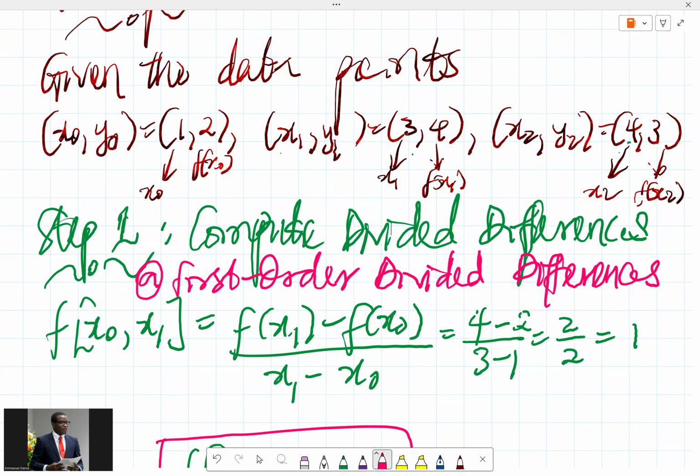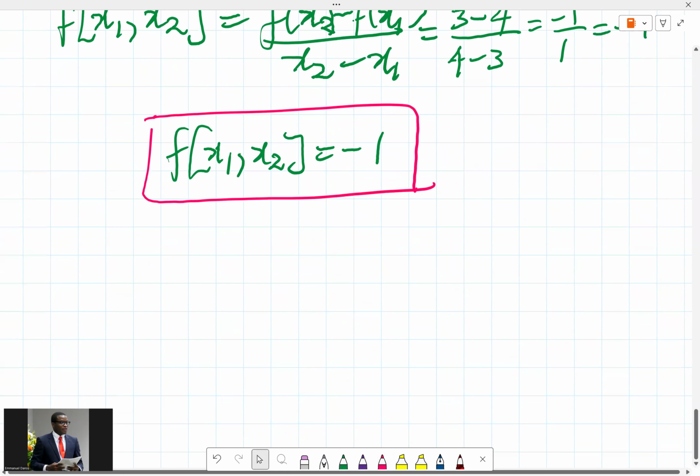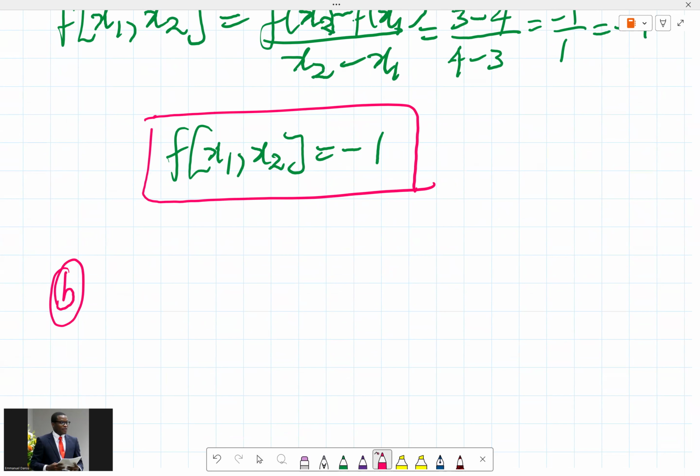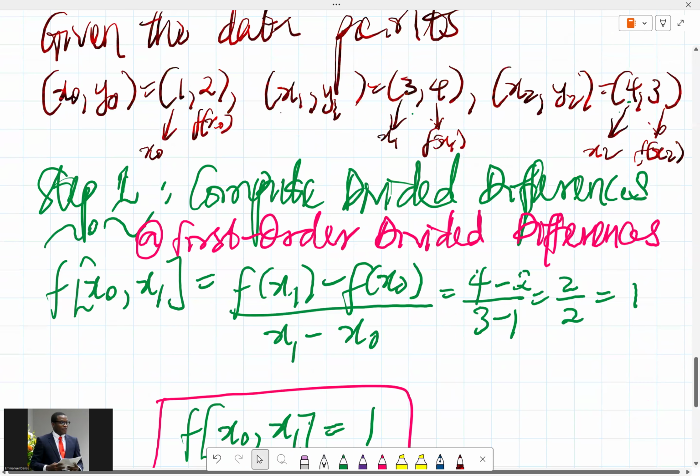But now we just have x0, x1 and x1, x2, because we have 3 data points. So with that done, we move on to the second order divided difference. Only one of that because we have just 3 data points.